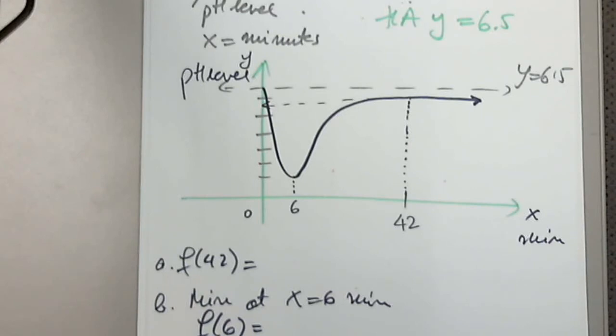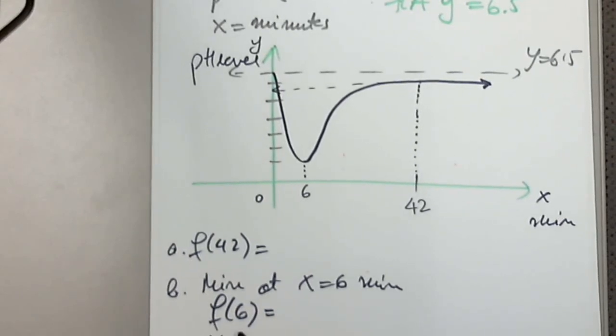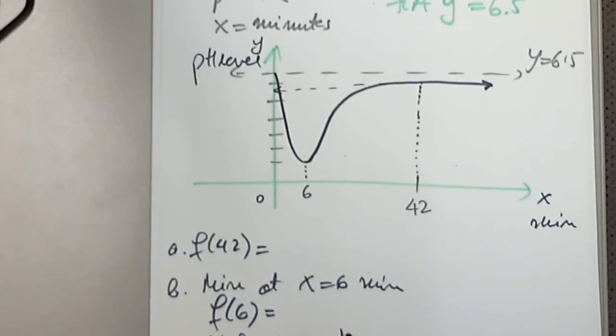My pH level is 6.5. 6 minutes later it drops to, let's say, 1. And then slowly it goes back to normal. So what is the normal? 6.5. So the normal pH level is 6.5.